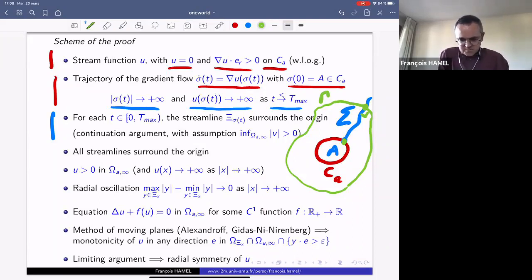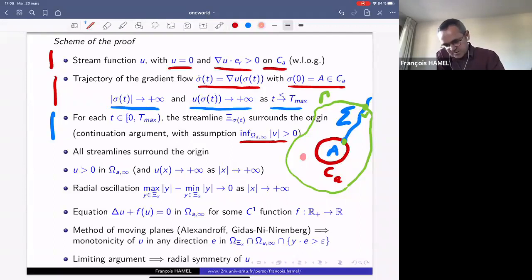And this is where we use the assumption that the flow has no stagnation point in this strong sense. And therefore it follows that all streamlines surround the origin, because if you consider any streamline, since when the points along sigma are very far, then the streamlines have also to be very far, because U converges to infinity along capital sigma.